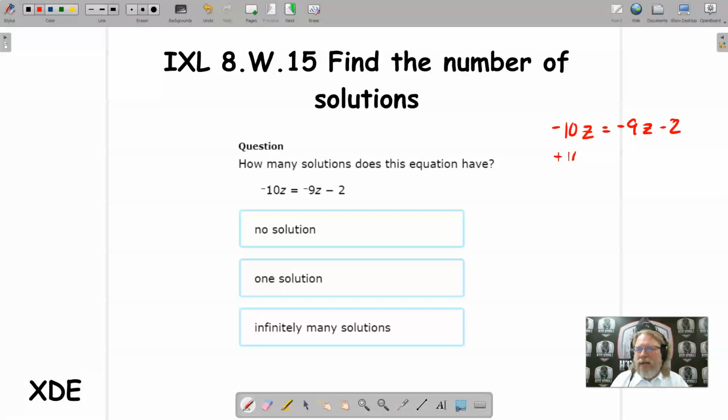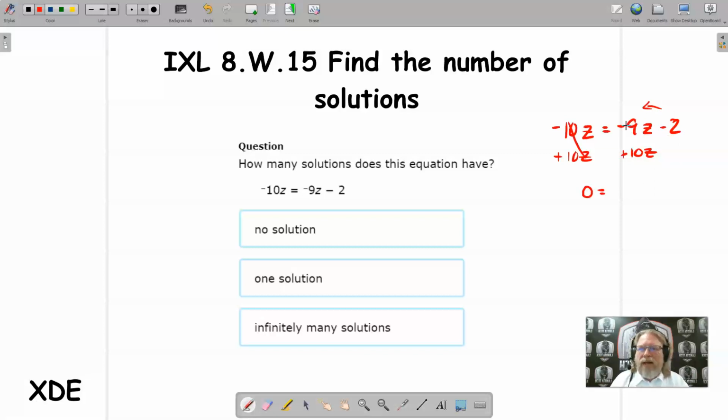So plus 10z, and over here plus 10z. I'm tempted to add the 2 to each side to send the 2 over to the other side. But at any rate, the 10z's will cancel each other out and give me 0.